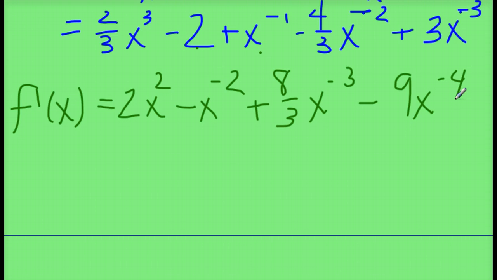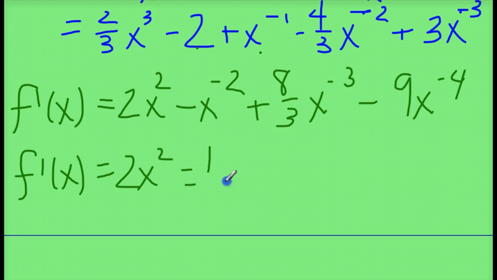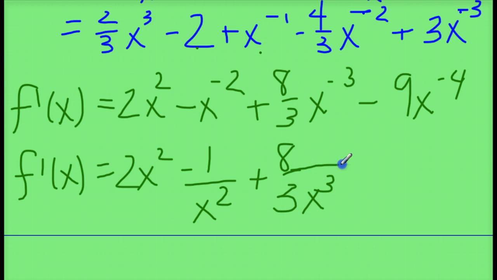So the last thing that I need to do is make sure I get rid of my negative exponents by placing them into the denominators. So to simplify this, I get f prime of x is equal to 2x squared minus 1 over x squared plus 8 over 3 x to the 3rd minus 9 over x to the 4th.